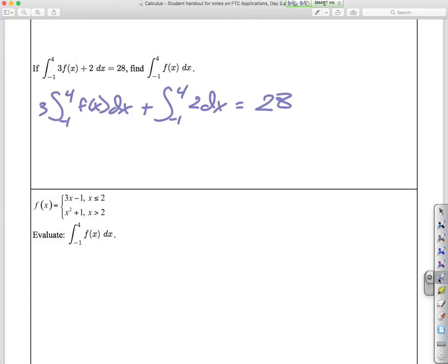Hannah, what do you think? Alright, what do you got, Tio? Take the integral of 2. And what do you get when you do that? 10. Very good.